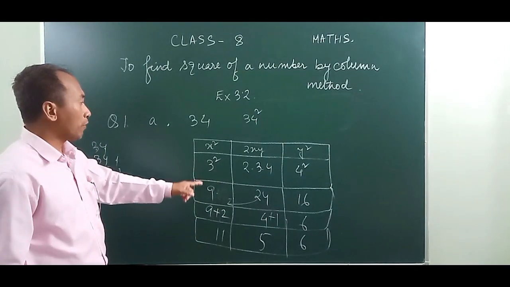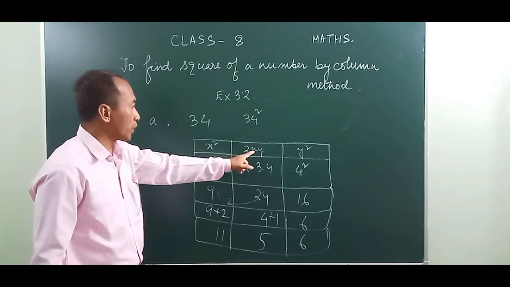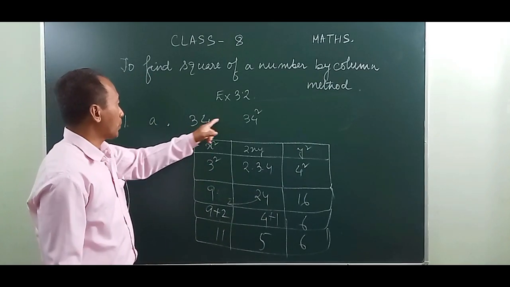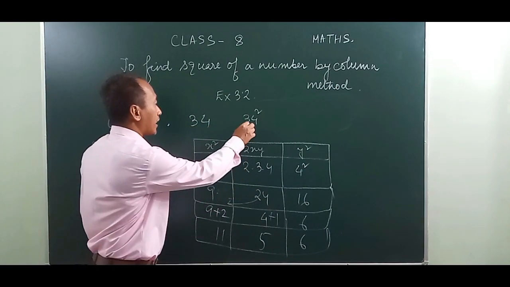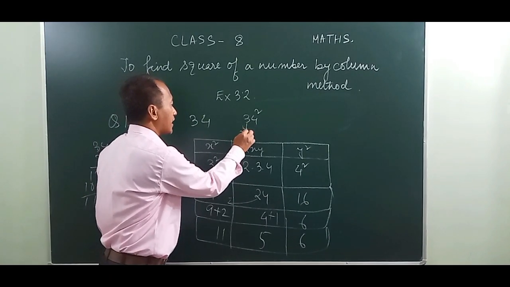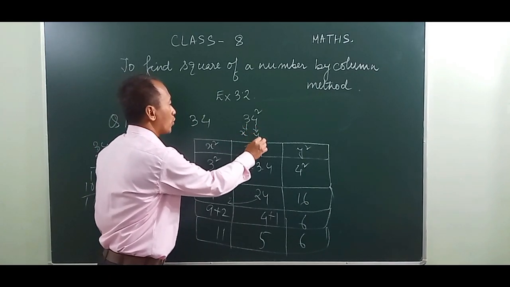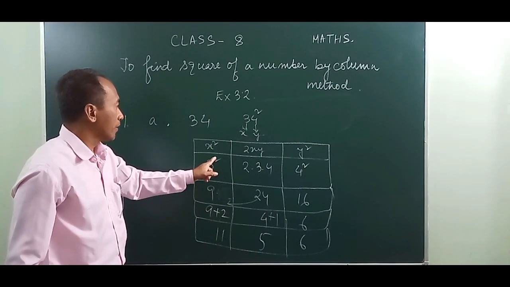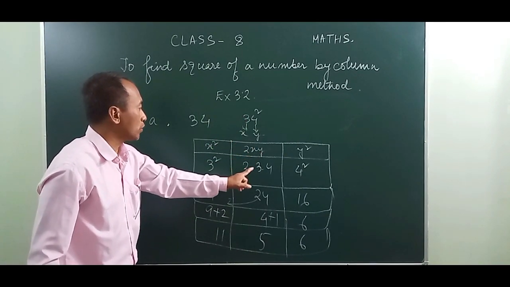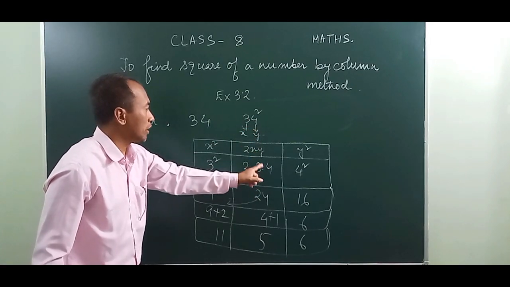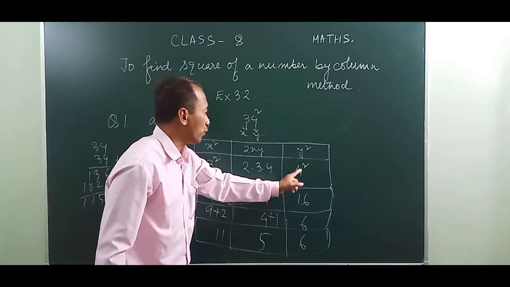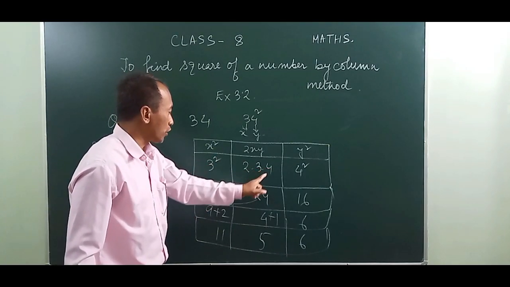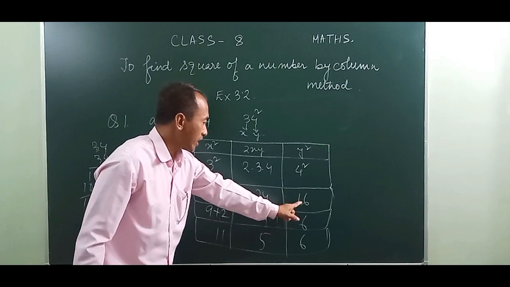You use the formula of the column method, x square plus 2xy plus y square. So you represent this 3 as x, and 4 as y. So x square is 3 square, 2xy is 2 into 3 into 4, and y square is 4 square. So 3 square comes 9, 2 3s are 6, 6 4s are 24, and 4 square is 16.